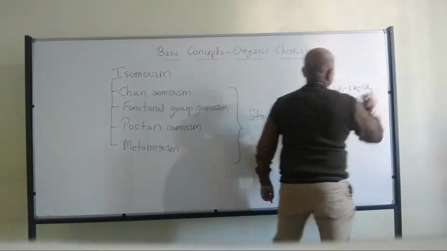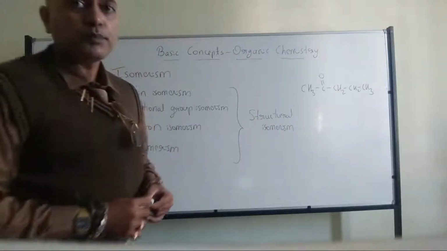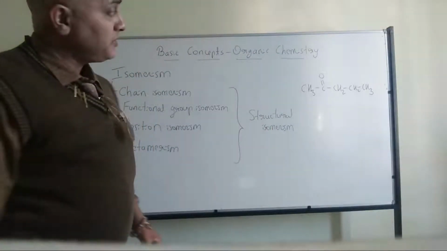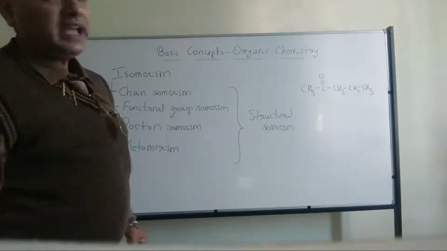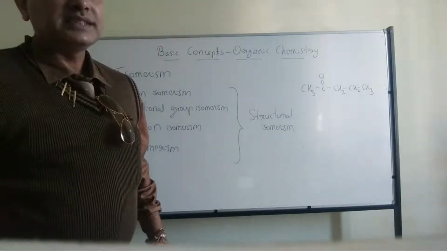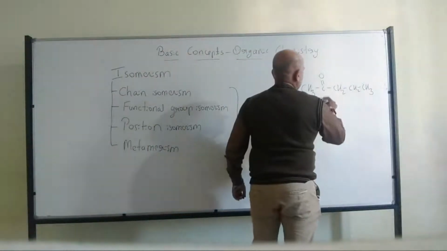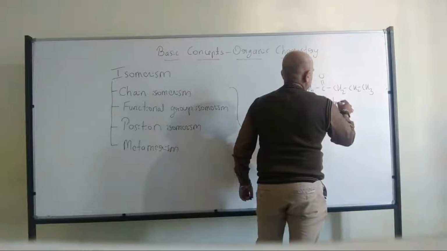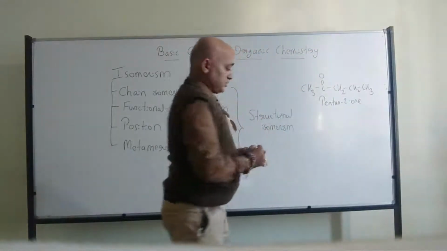CH3 CO CH2 CH3... because it's butane and propane, I cannot talk about acetone. Now this is a molecule with, anyone? This is pentan-2-one. Right? This is nothing but pentan-2-one.